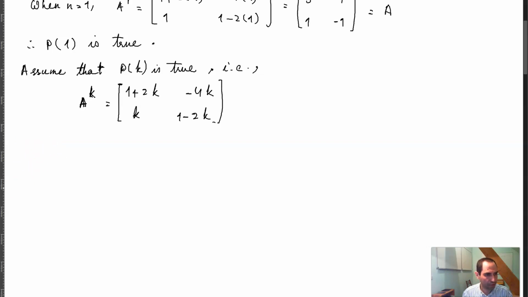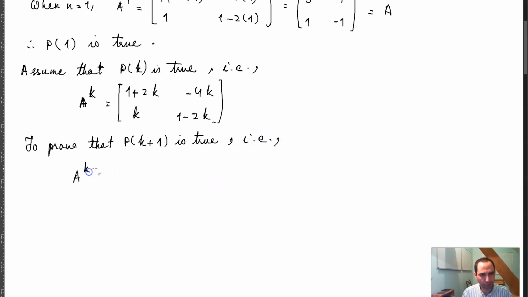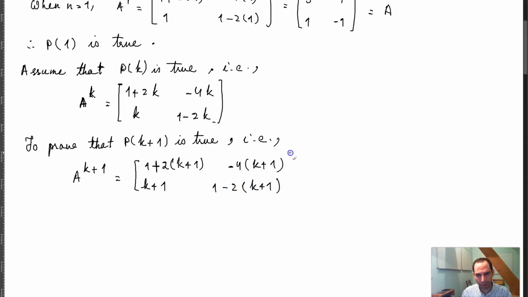To prove that P of k plus 1 is true, that is basically A raised to the power k plus 1 is equal to 1 plus 2 times k plus 1, negative 4 times k plus 1, k plus 1, and 1 minus 2 times k plus 1.